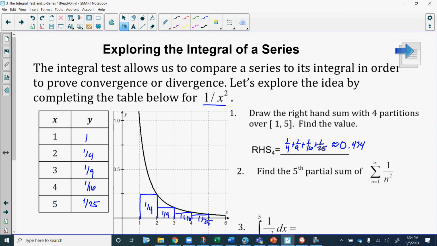But it's asking us now for the second part, find the 5th partial sum of the series. In this case you can see the 5th partial sum, from n equals 1 to infinity. So let's write it out.